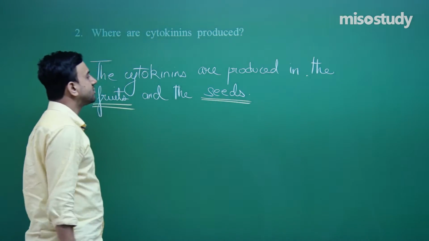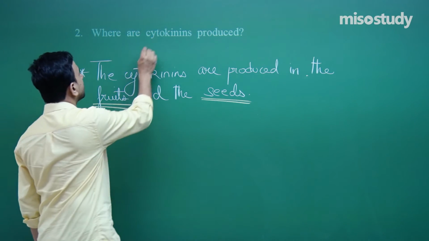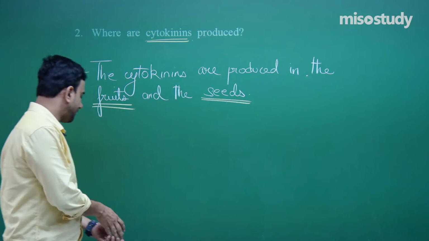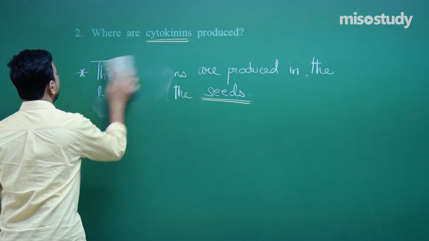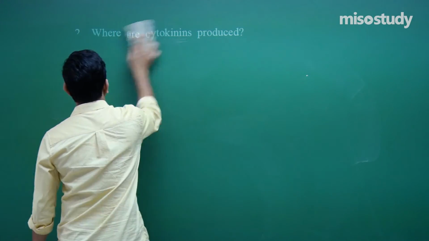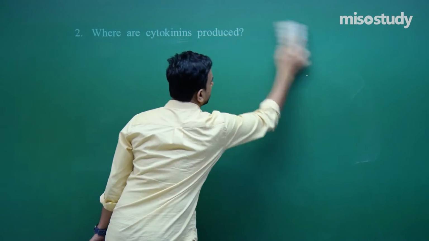So the cytokinins are produced in the fruits and the seeds, and this is where the cytokinins are produced, right. We now move on to the next question.